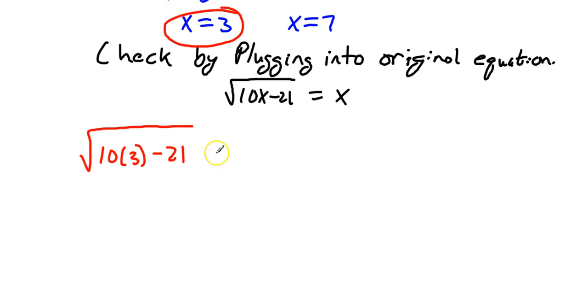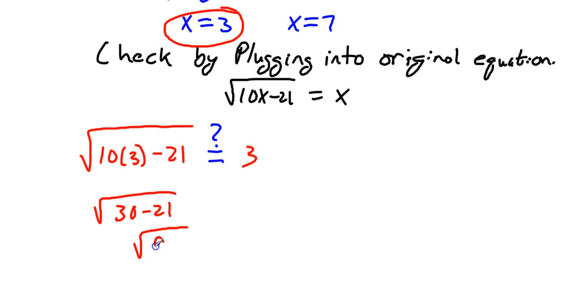And then the question is, does that equal 3? So that's the square root of 30 minus 21. Does the square root of 9 equal 3? It does, doesn't it? So yes, it does. So in that case, that one works. So x equals 3 is good.